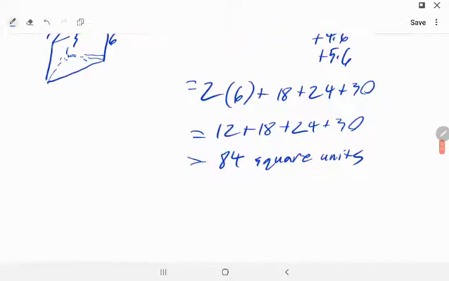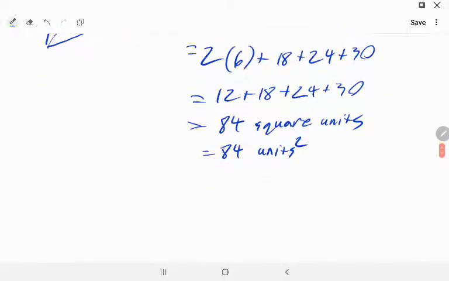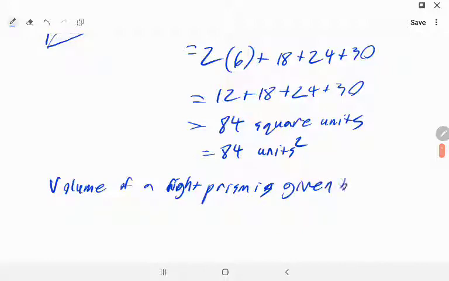You'll notice that I will use the term square units and the idea of units squared more or less interchangeably. Those wind up being the same idea. So the volume of a right prism is given by the area of the base times the height.